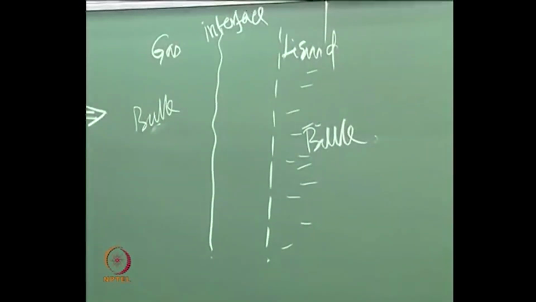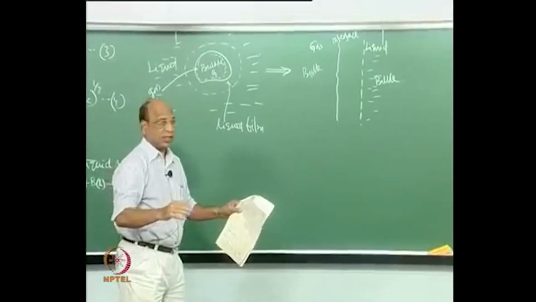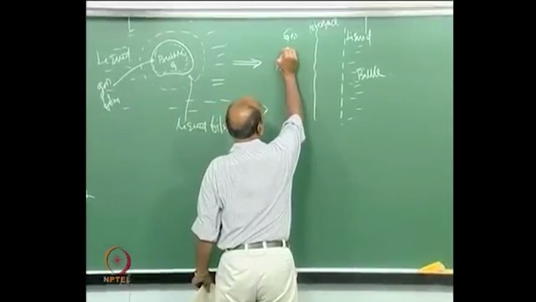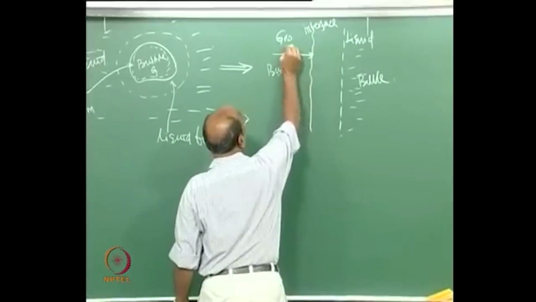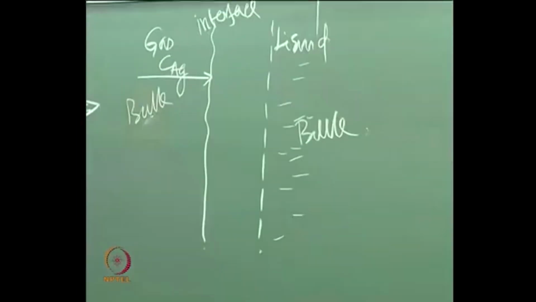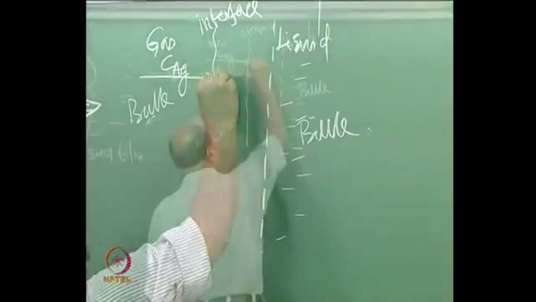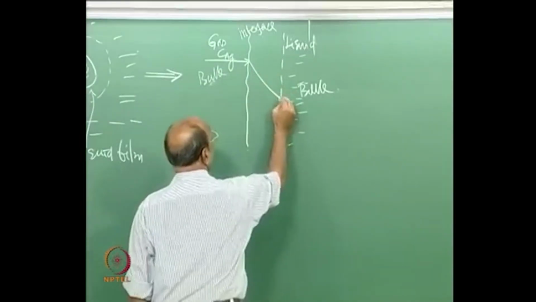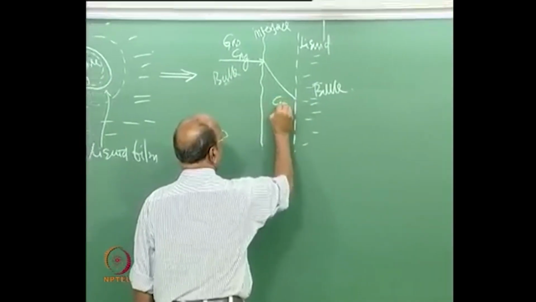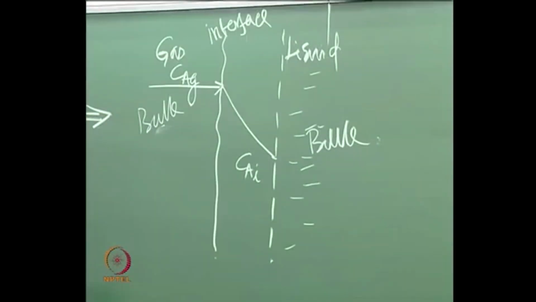So, I know that everywhere inside here I have the same concentration of gas. So, I may show that one like this, C_AG. Okay. So, now this has to go through the film, this is C_AGI.